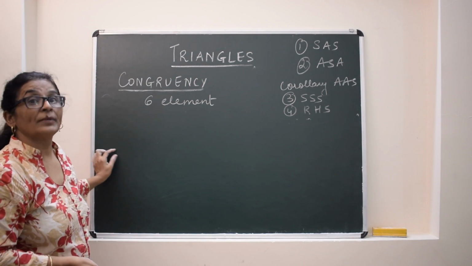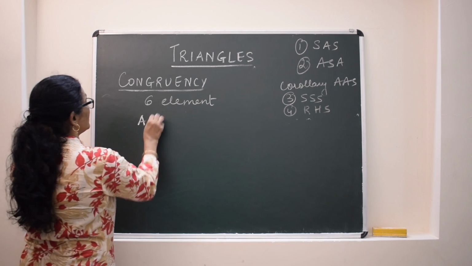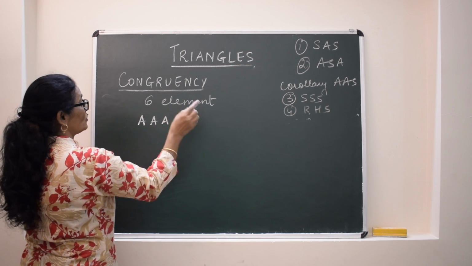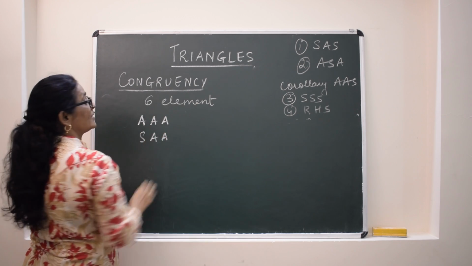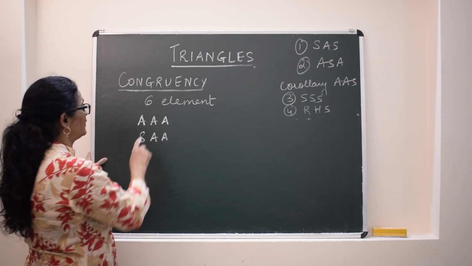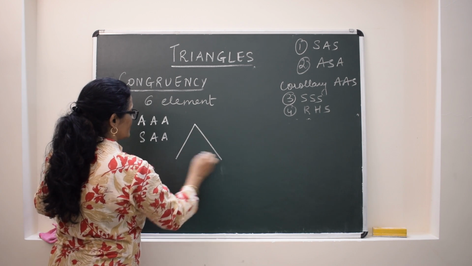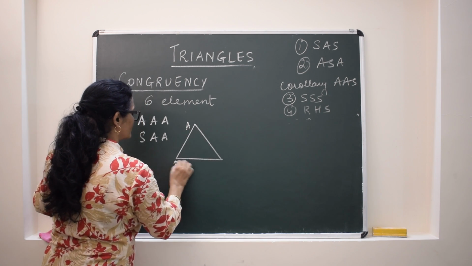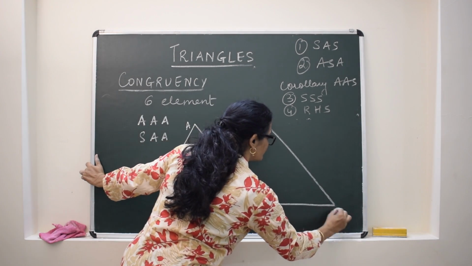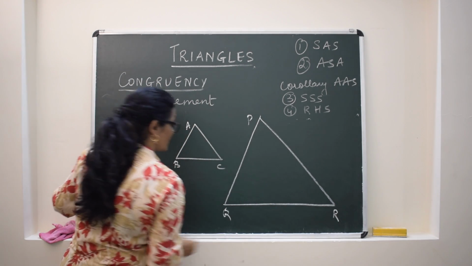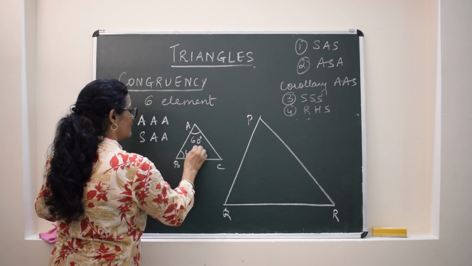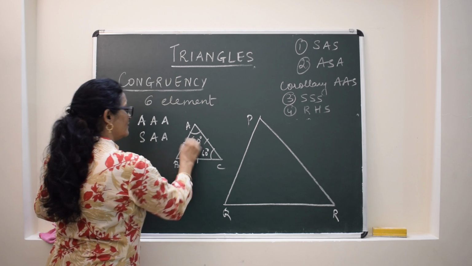But if you see the other combinations possible are AAA or the opposite of this AAS. Is it true? No. I'll give you the example. Any 2 triangles which are equilateral triangles. What does it mean? That each angle is 60 degrees.